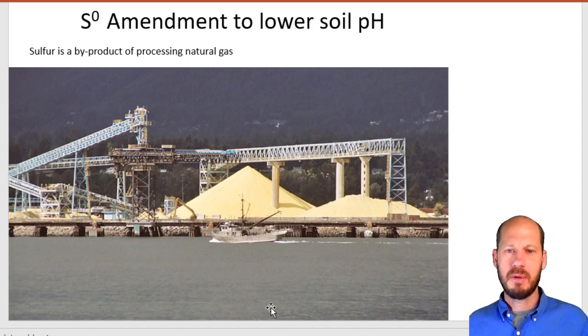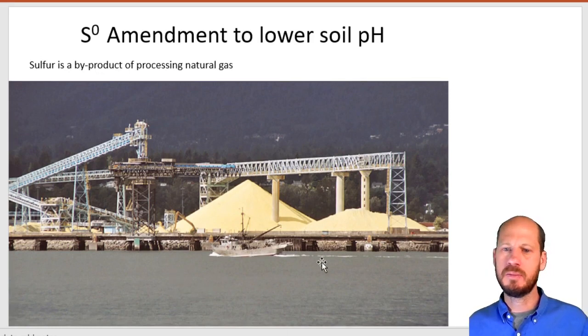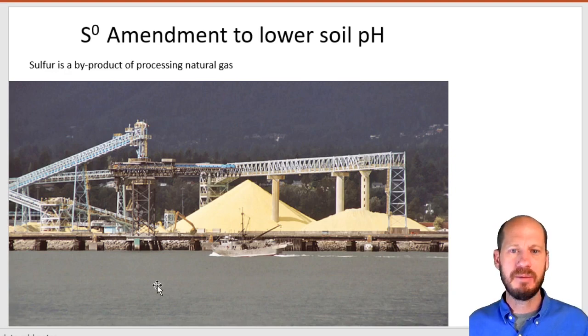There is a microbial process that is used for removing hydrogen sulfide from the gas, and what you end up with is a lot of elemental sulfur. This is now being used as an amendment for soils for different reasons, mainly for supplying sulfur for plant nutrition, but also for acidifying soils when the conditions are highly alkaline.